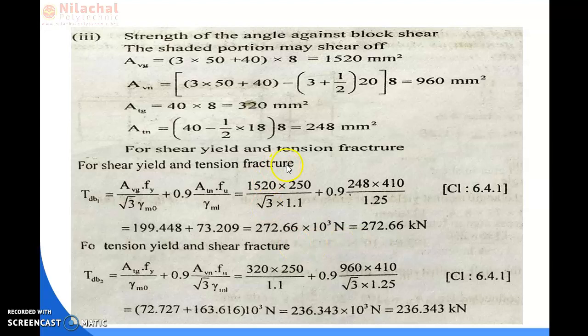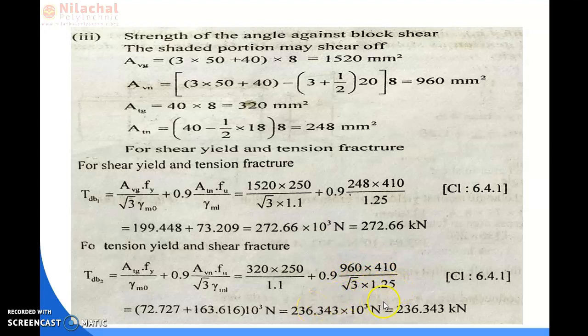So now put the value of ATG and AVN in the TDB2, by which we can write 320 into 250 divided by 1.1 plus 0.9 into 960 into 410 divided by root 3 into 1.25.